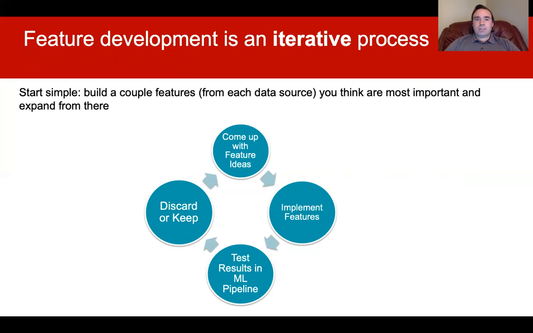Look for just the handful of features that you think will be particularly important based on what you know about the domain and the problem, and maybe even some initial data exploration that you're doing right now. Build those out first. See how they work. Those will give you ideas for new features as well. You'll implement those, see how they work, decide whether you want to keep or discard them, and keep iterating, building out more and more complexity and information as you go.